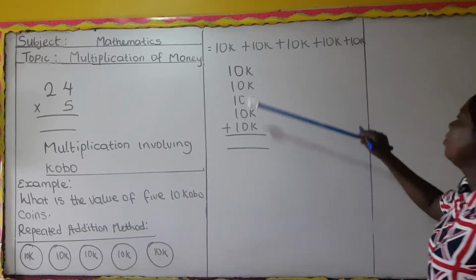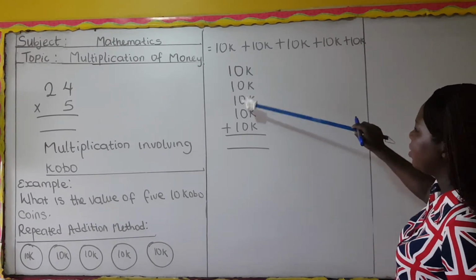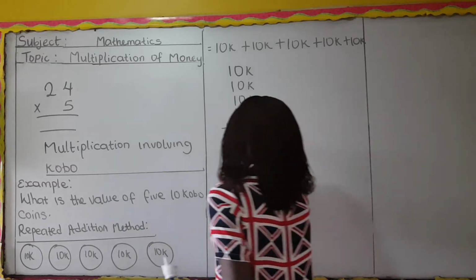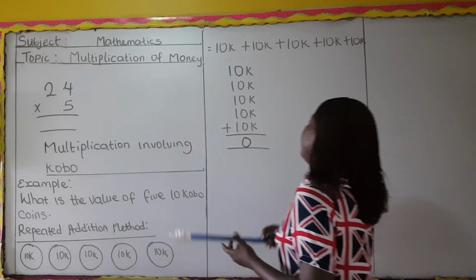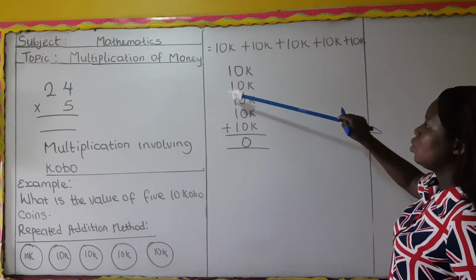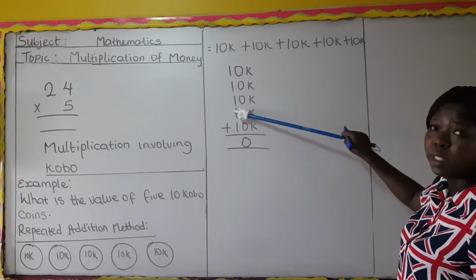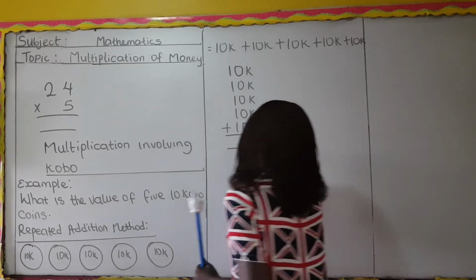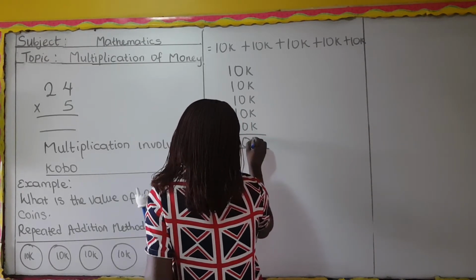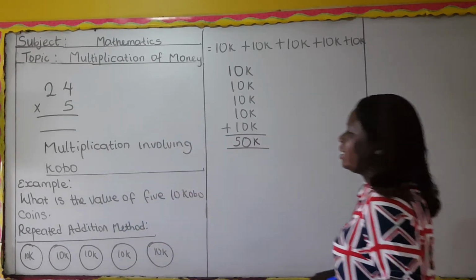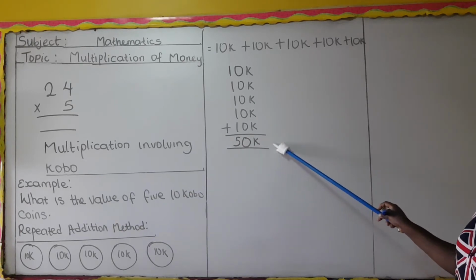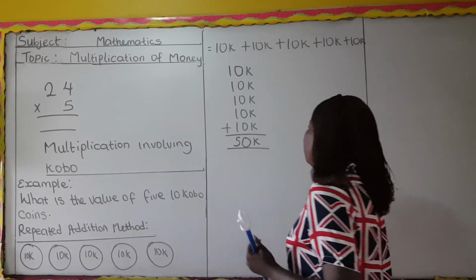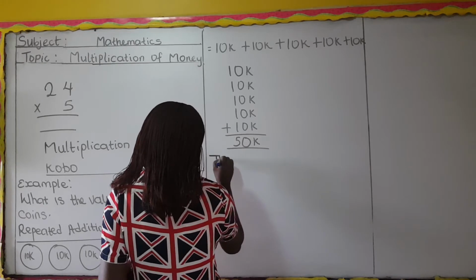In this form, 0 plus 0 plus 0 plus 0 plus 0 gives us 0. And 1 plus 1 gives us 2, plus 1 gives us 3, plus 1 gives us 4, and plus 1 gives us 5. So the answer is 50 kobo. So the value of 5 10 kobo coins is 50 kobo.